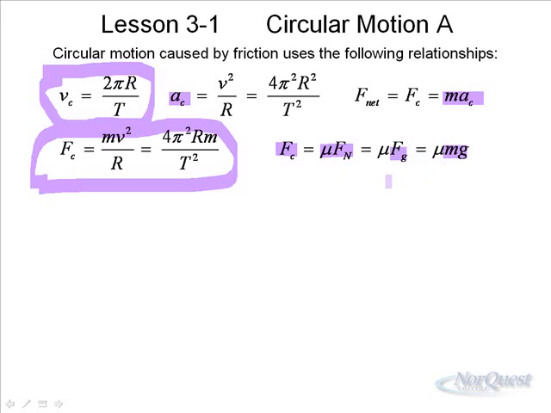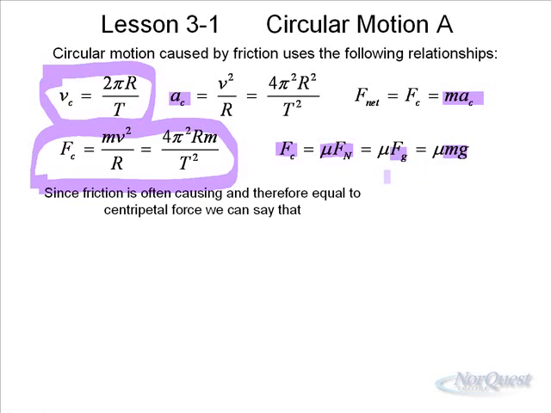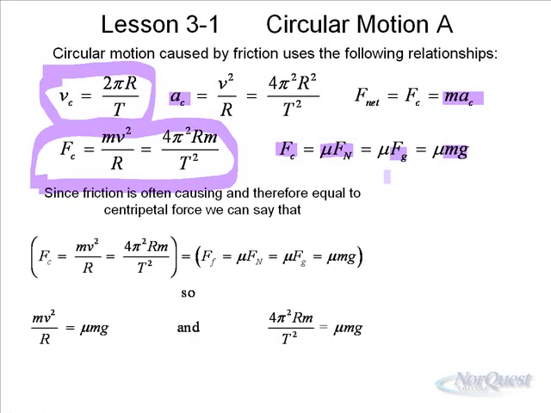So we have a number of equations. Most of these will be on a data sheet. And since friction is often causing and therefore equal to centripetal force, we can say that the centripetal force is equal to mv squared over r, is equal to 4 pi squared m r over T squared, is equal to the force of friction, and so on, all right? Is equal to mu Fn, is equal to mu mg.